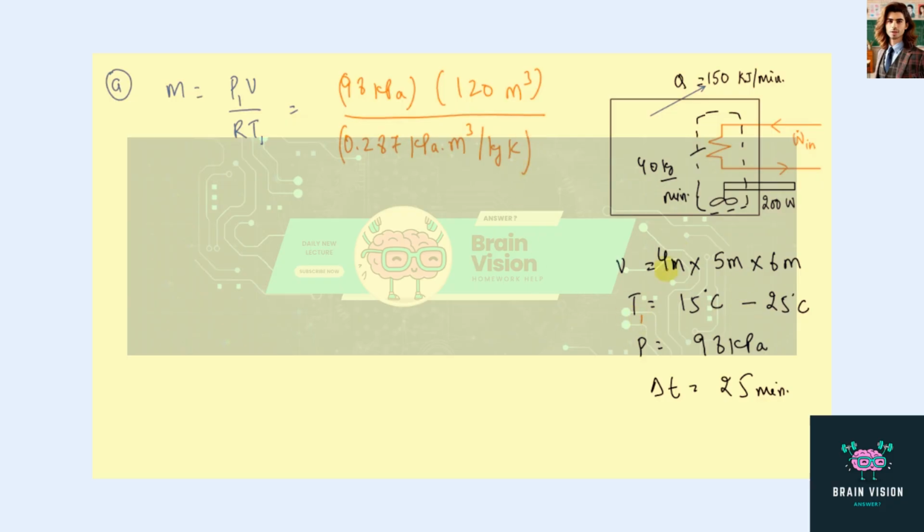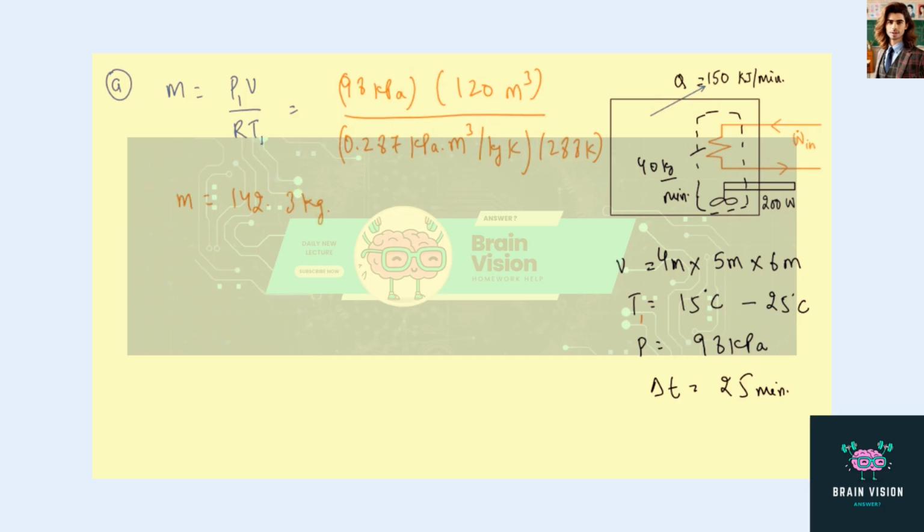Initial temperature was 15 degrees Celsius, and in Kelvin it would be 288 Kelvin. So from here we'll get the mass of air inside the room as 142.3 kg.